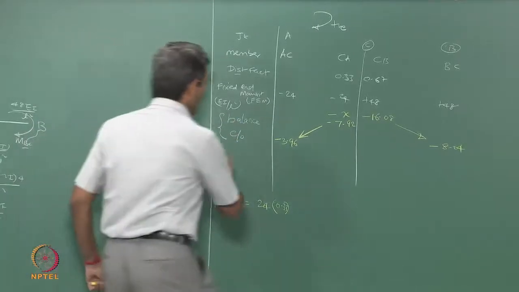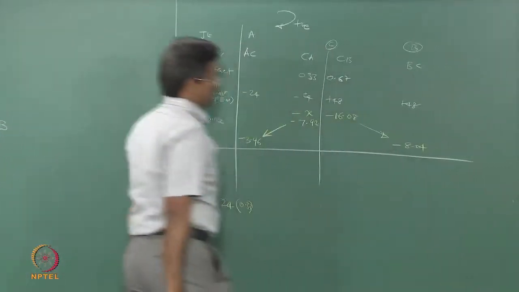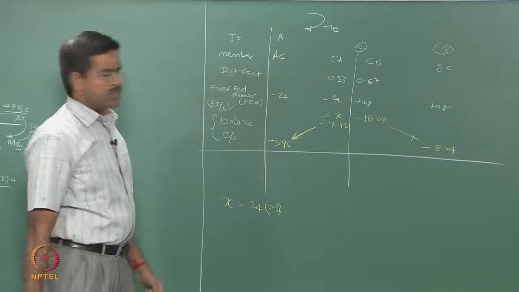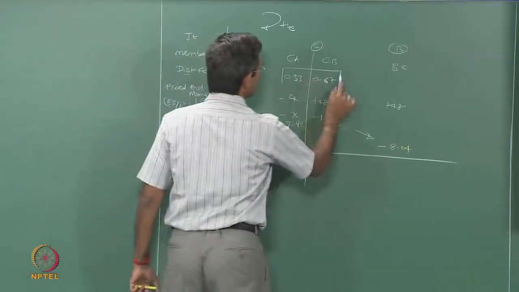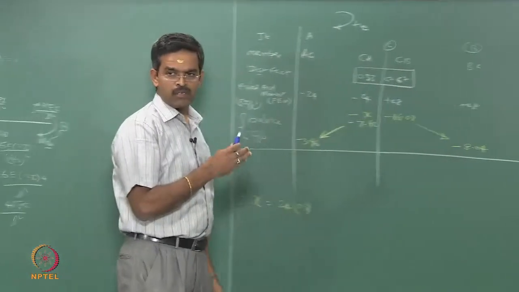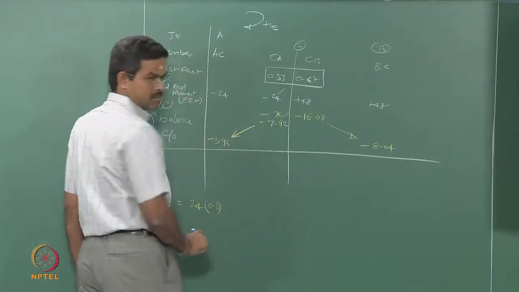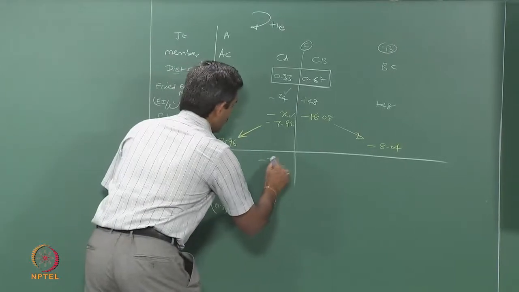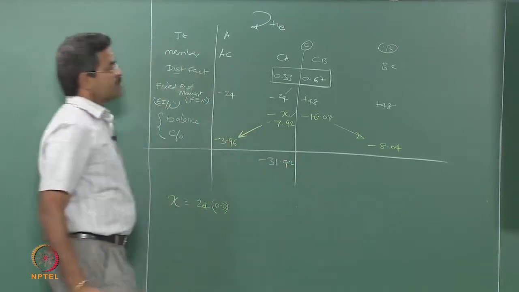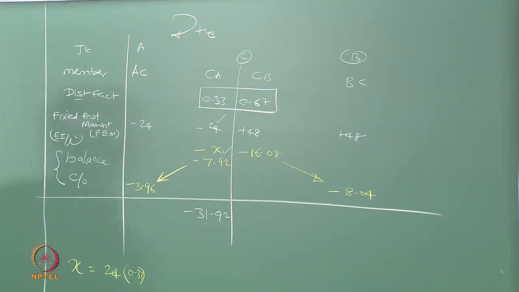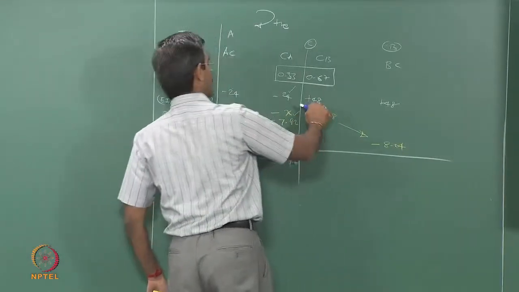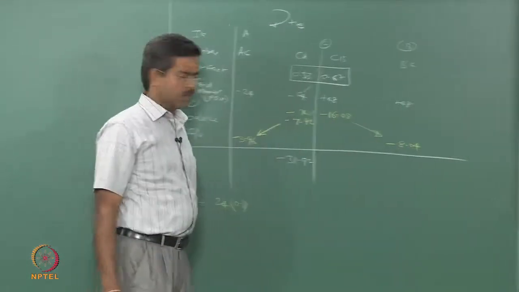Let us make a total now. While totaling, you will not total this, it is only a factor not to be totaled, you will total this and this. So, it is minus 31.92, and you will total this, plus 48 and minus 16.